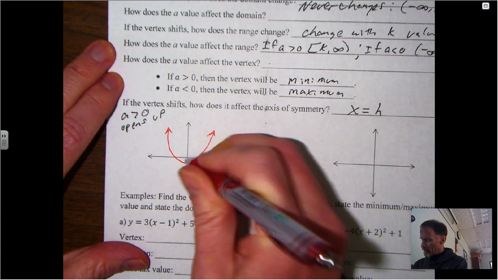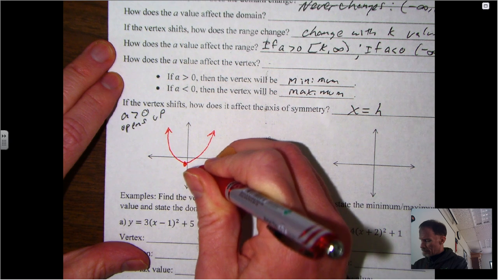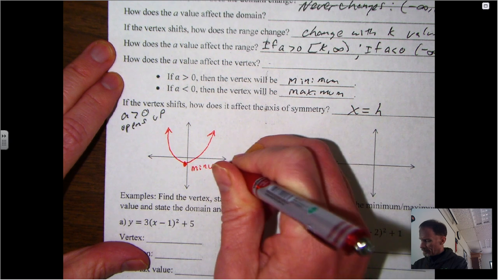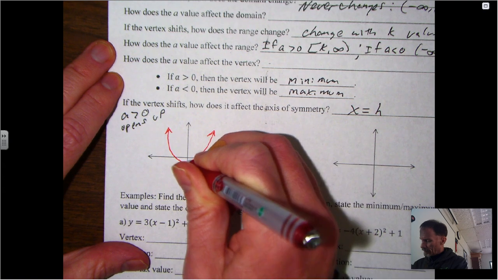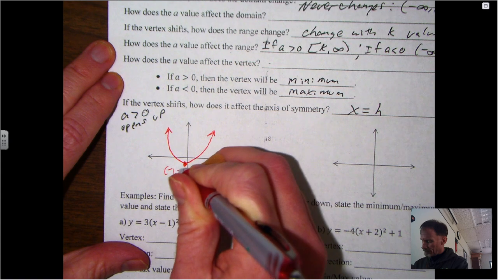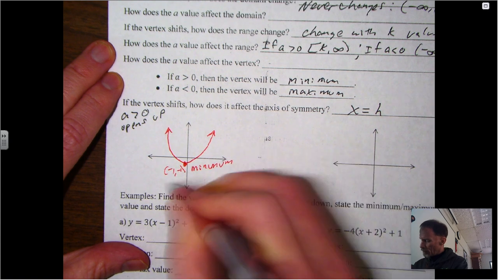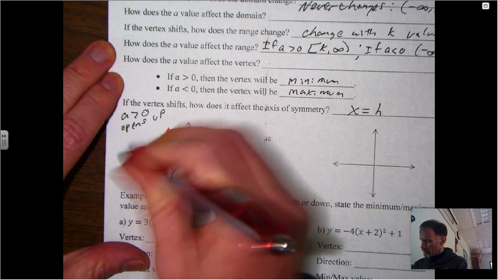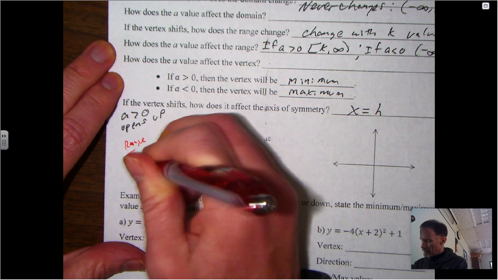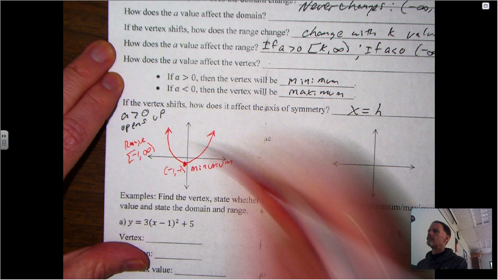Okay, so it opens up. My vertex there is a minimum. I'm going to pretend for a minute that's the point (-1, -1). So in this case, the range would be from -1 to infinity.